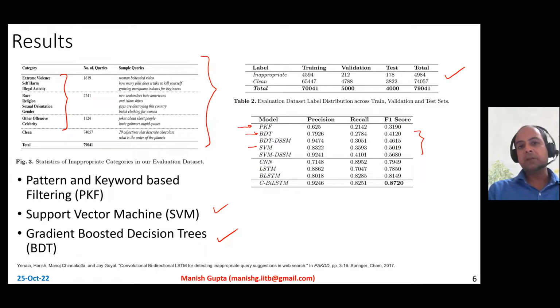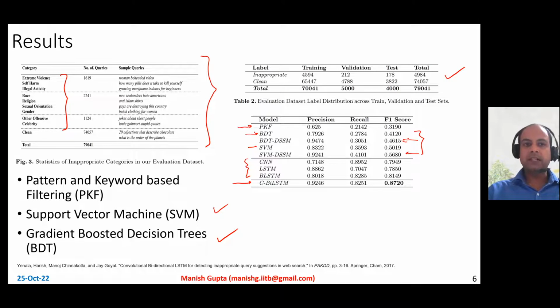These methods can also be combined with word embeddings like DSSM word embeddings so as to come up with good classifiers. Lastly, of course, several deep learning methods were compared, including the proposed convolutional BiLSTM method in this work.